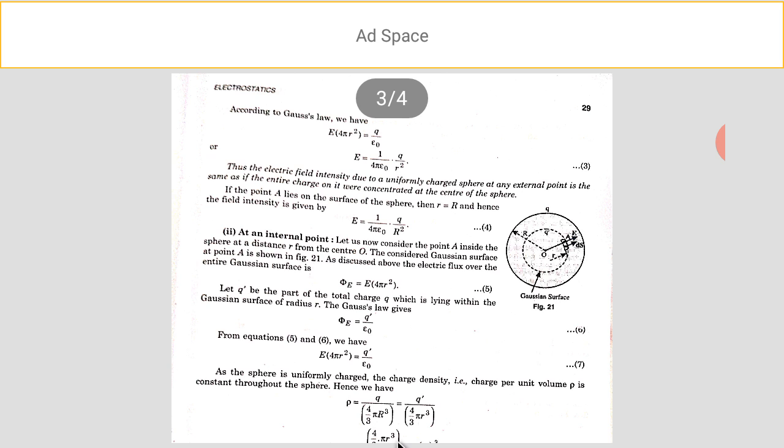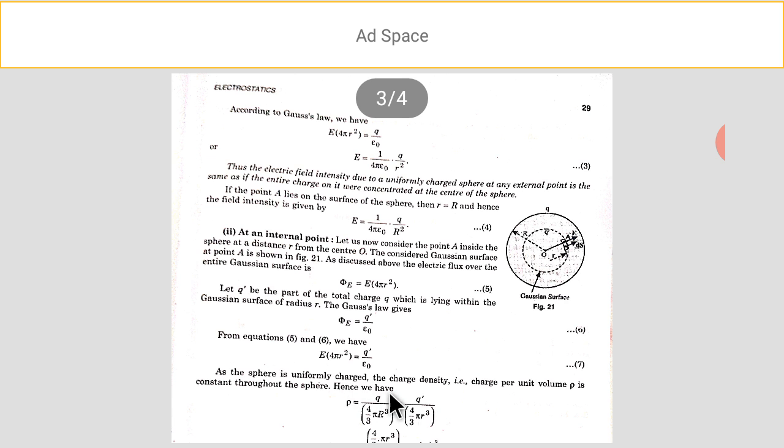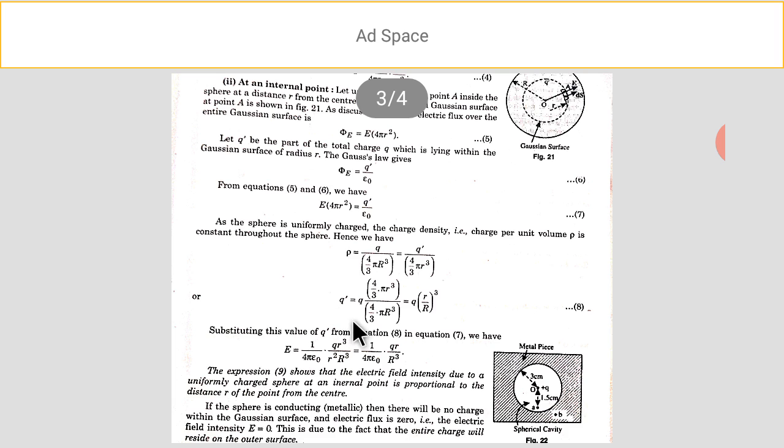As the sphere is uniformly charged, the charge density, that is the charge per unit volume rho, is constant throughout the sphere, and the electric field E is equal to 1 upon 4 pi epsilon naught times q times small r upon capital R cube.